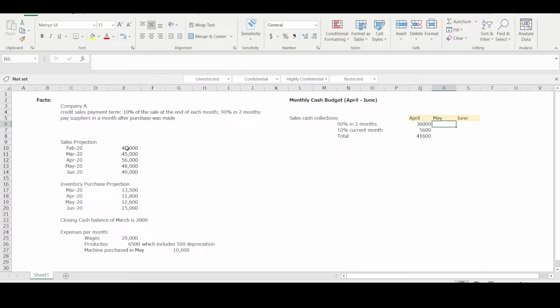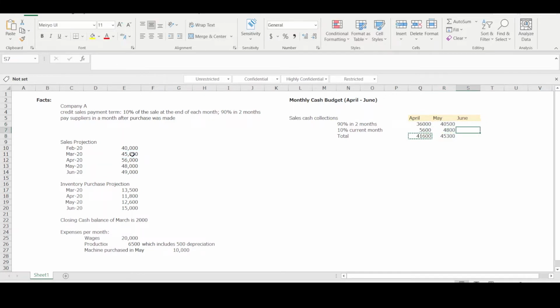And then we do the same for May. In May, we know they're going to get 10% of the sales they made in May, which is 48,000, and then they're going to get 90% of the sales they made in March, which is 45,000, and the total will be this number.